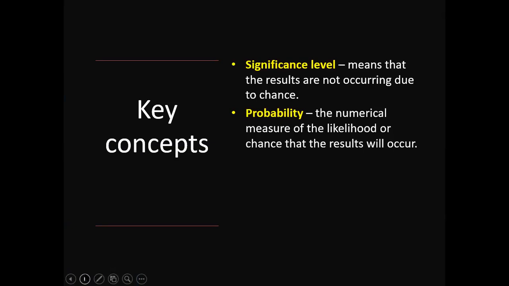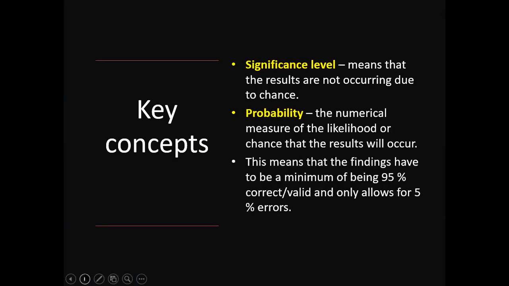Now, we have probability levels, and it's important that you understand those. So what we mean, if the results occur, we need to be 95% correct, minimum. And that means we allow for 5% error, because nothing's perfect, even in science. So this means that the findings have to be a minimum of being 95% correct or valid, and only allows for 5% error.